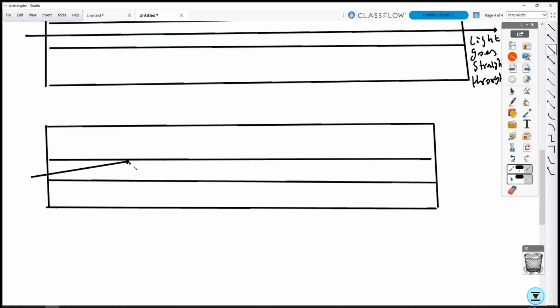So we'll sketch that. So it comes in at some angle and strikes the core cladding boundary and undergoes total internal reflection. And we'll just draw our normals at those points. So you've got a normal there, you've got a normal there, and you've got a normal there.